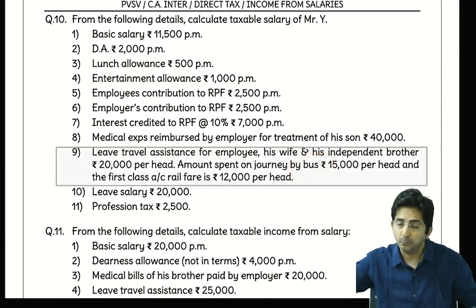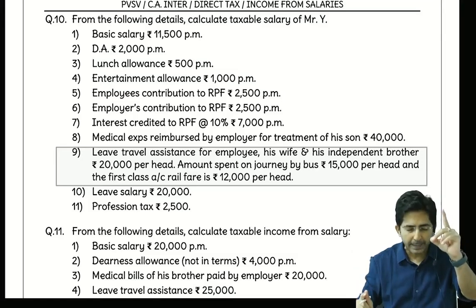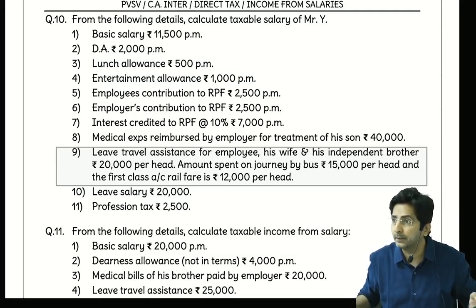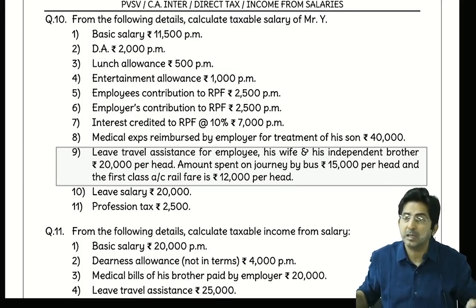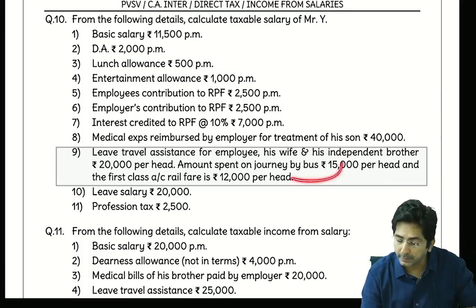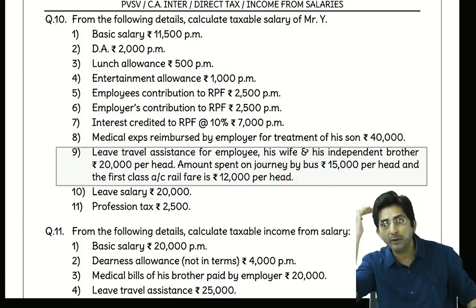Once you know it is not aeroplane, it is other mode, my first priority is first class AC rail fare. If that is not available, recognized public transport first class deluxe fare. If that is not available, first class AC rail fare or similar journey. Now I will go as per my methodology. The moment I come to know he has gone by bus, that means it is other mode. So go in the sequence.